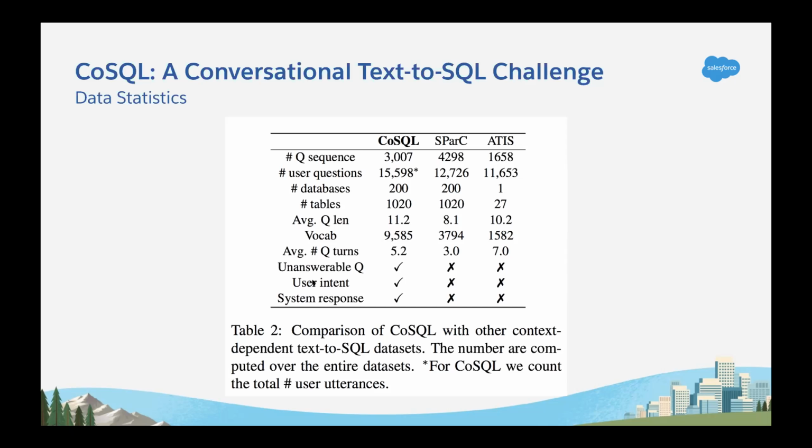So now they have different user intents. And the third one, they include the system responses, the natural language response, because previous datasets only have the text, the SQL query response. So it's more natural for real use cases.